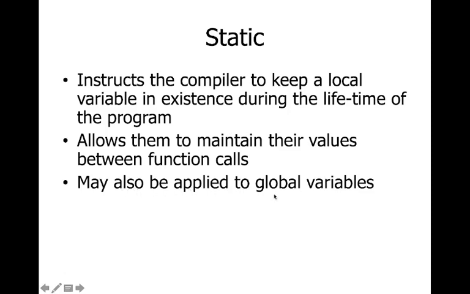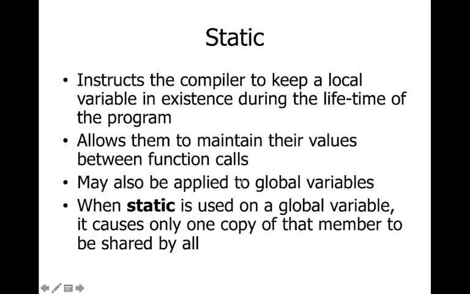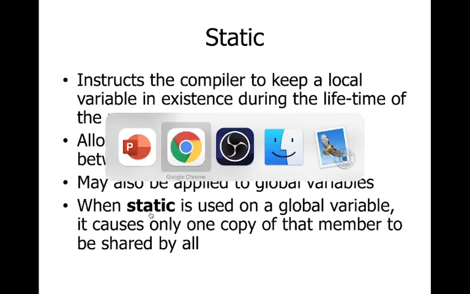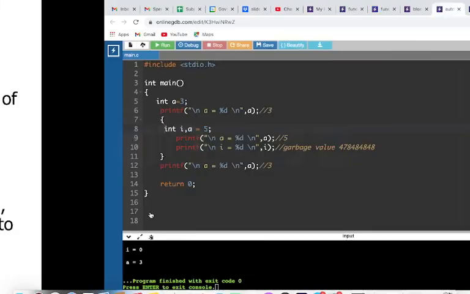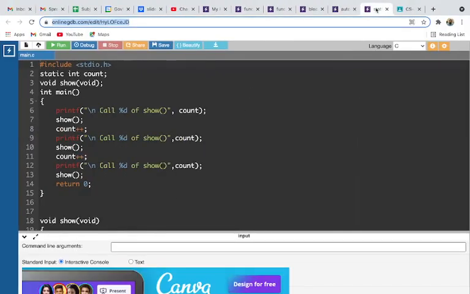It can be applied to global variables also. It is applicable to local variables as well as global variables. When static is used on a global variable, it causes only one copy of that member to be shared by all. It is a single copy that will be shared by all the functions. We will see an example, then you will understand this static variable.